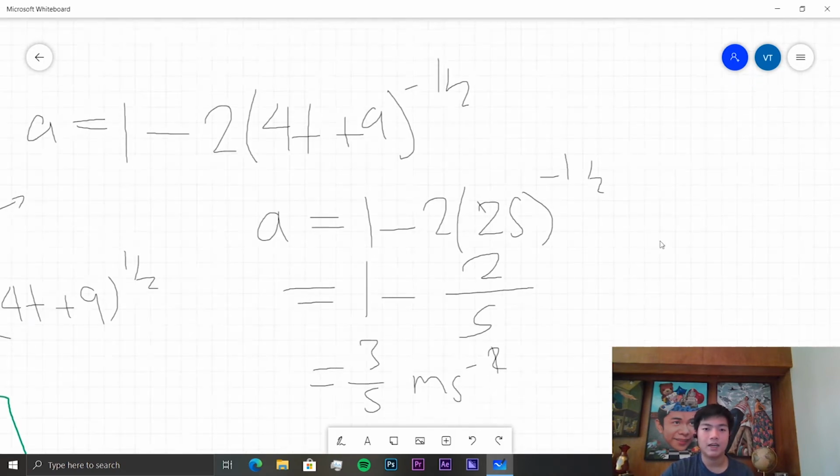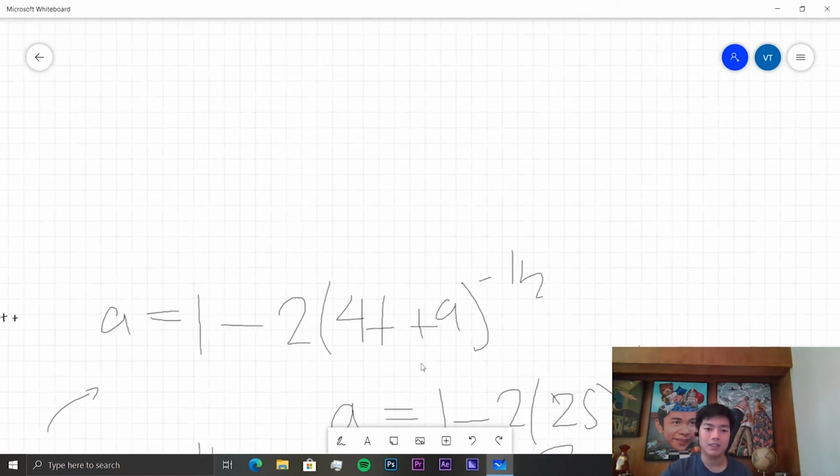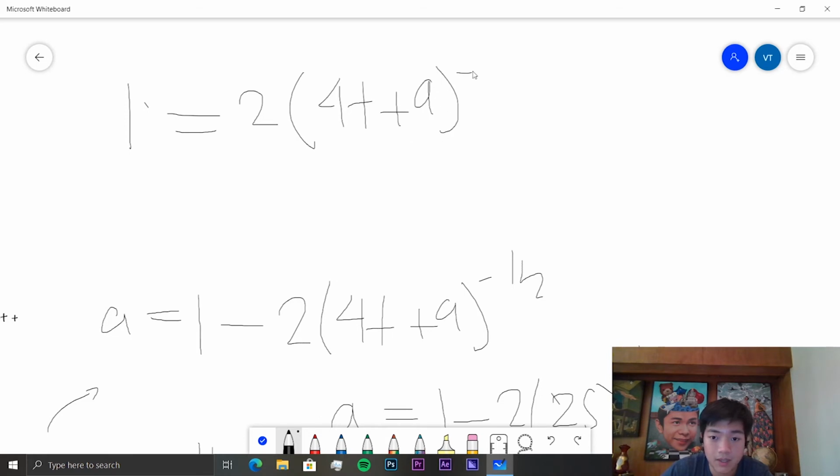Now the question is, how about acceleration? So we have acceleration is 1 minus 2 times (4t plus 9) to the negative 1/2. When does acceleration change? Well, we can set acceleration to 0. So in other words, 1 is equal to 2 times (4t plus 9) to the negative 1/2.